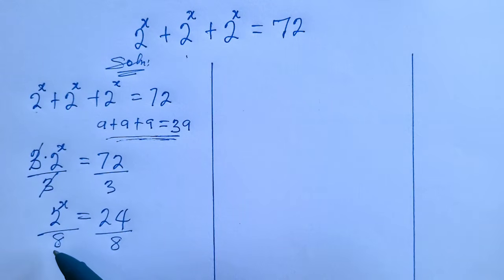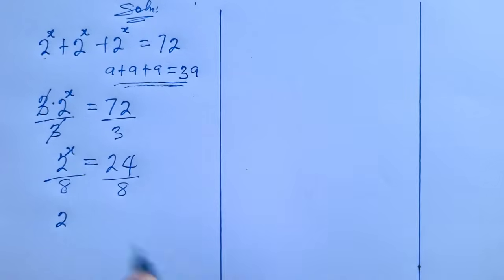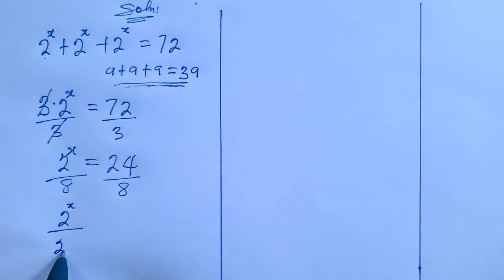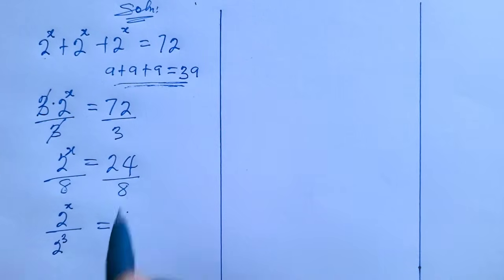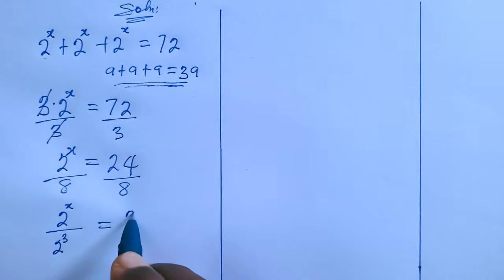Taking 8 to base 2, the expression on the left hand side of the equation becomes 2 to the power of x all over 2 to the power of 3, since 8 in base 2 gives us 2 to the power of 3, and this equals 24 divided by 8, that will give us 3.